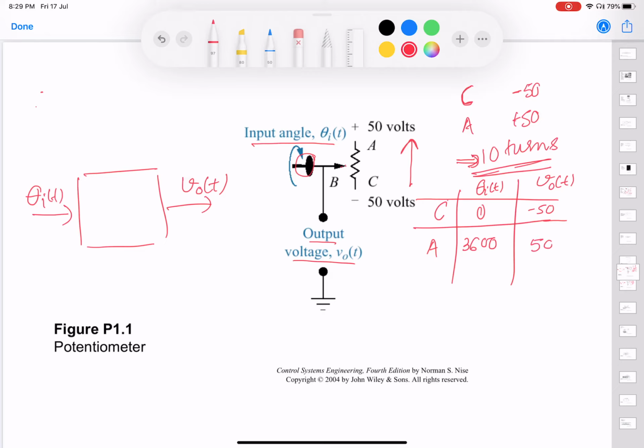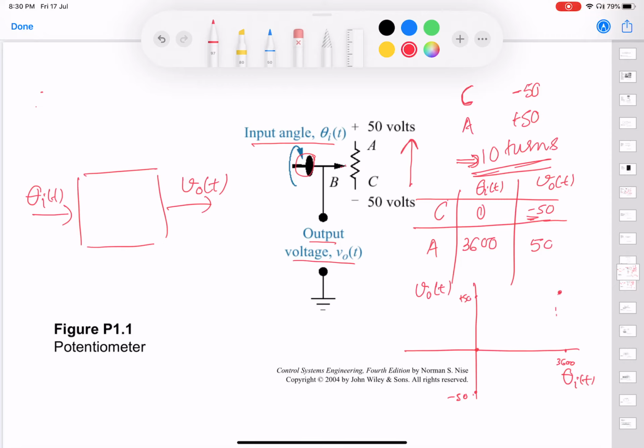So from this table, we can draw the relationship between voltage and angle. If we draw the output voltage on the y-axis and the angle on the x-axis, we can start with the point where the angle is 0 and the voltage is minus 50 volts. And when the angle is 3600, the voltage is plus 50 volts, right? So this is the point.